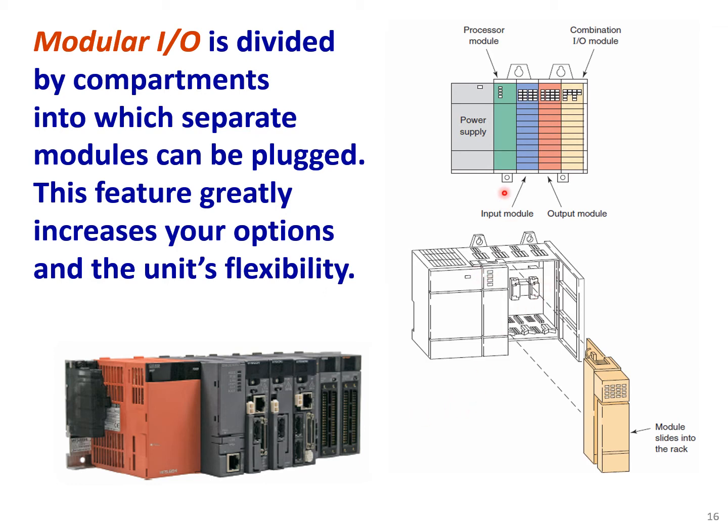In case we need more input to the system, we could add those modules. For example, if we need analog input, we could install an analog input module, and basically we have this flexibility and options to change the configuration of the system.